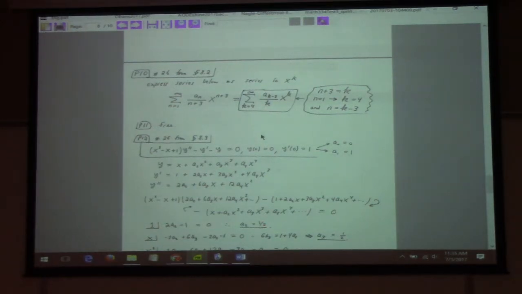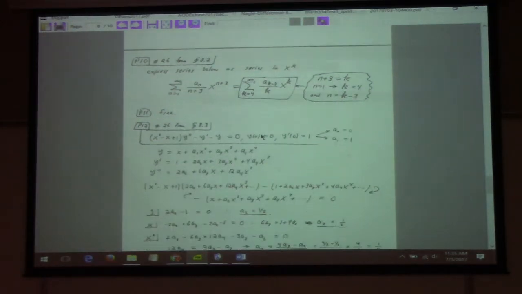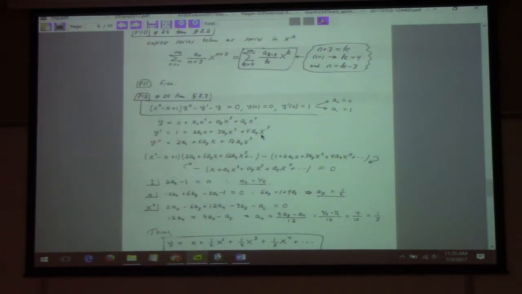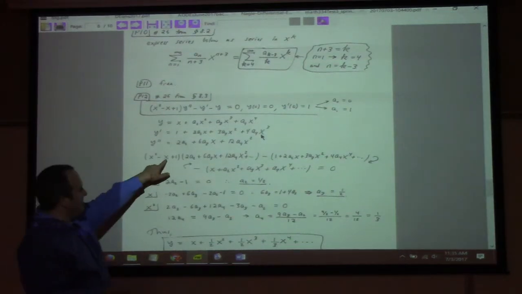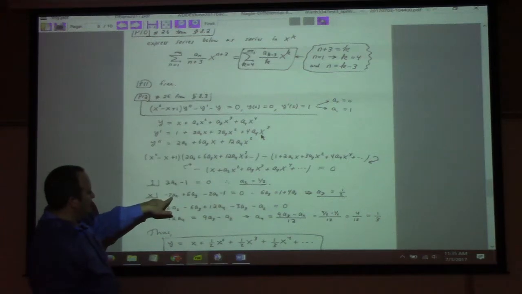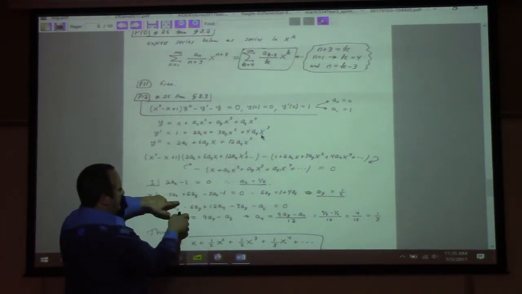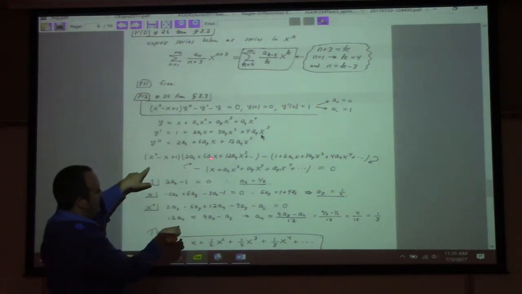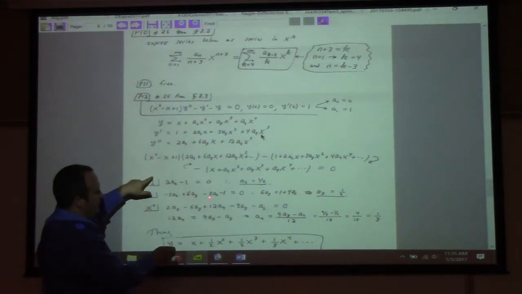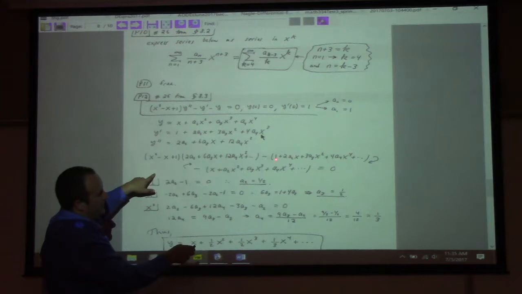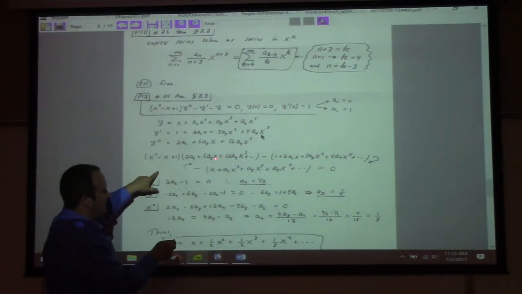From x, let's see where the x is coming from. I've got this times that, which gives me the minus 2a2. But I've also got 1 times that, which gives me plus 6a3. This times that gives me the plus 6a3, and then this minus 2a2 is coming from that term. Anything else? Down here, I've got this lonesome minus x, which gives me the minus 1.